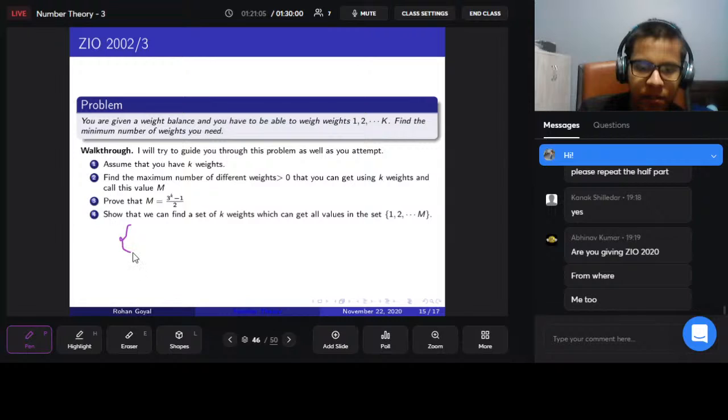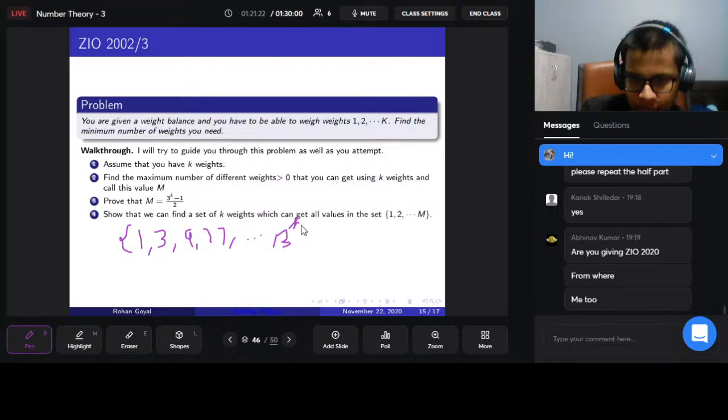The set, these weights actually work: 1, 3, 9, 27, till 3 to the k minus 1. How can you show that?